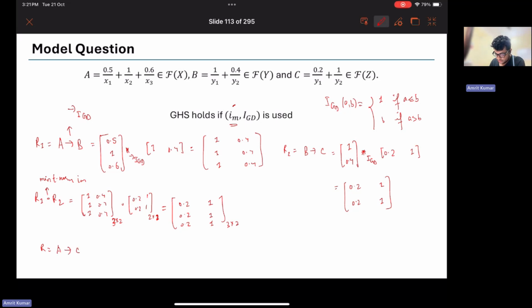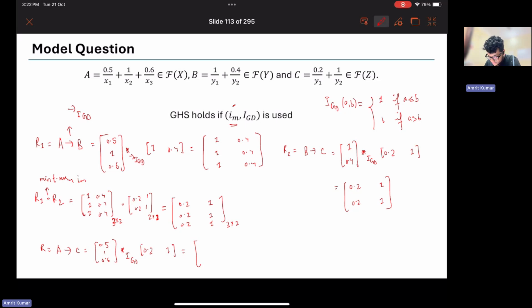done using this. So we'll have 0.5, 1.6, right?